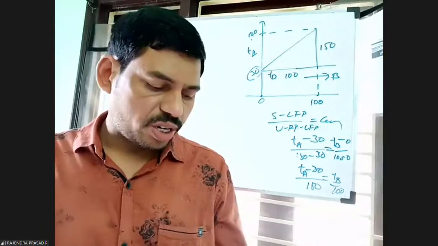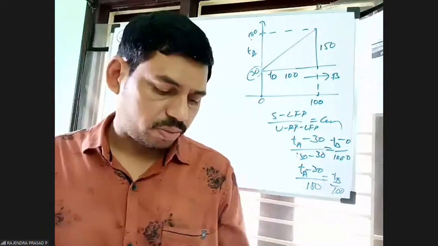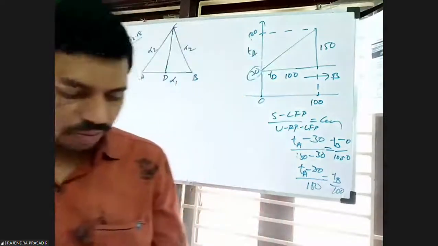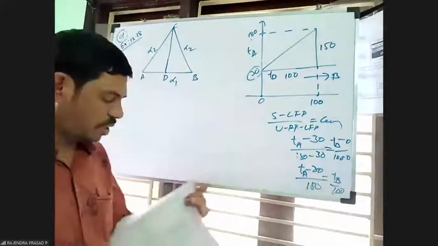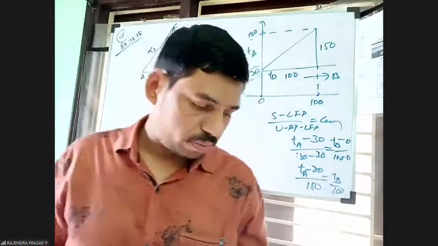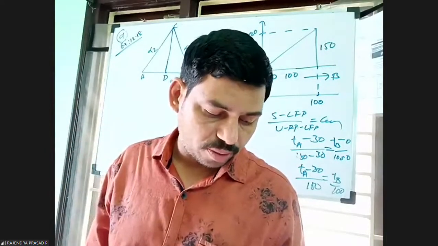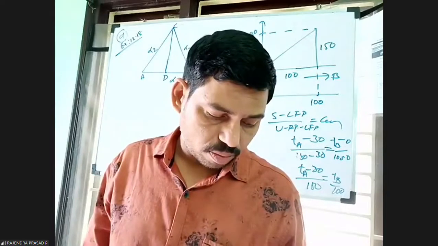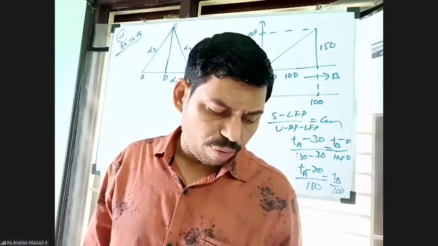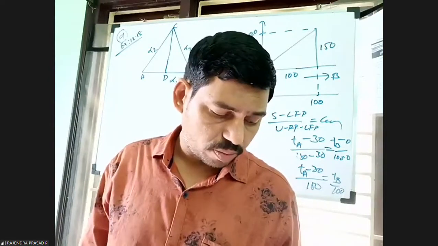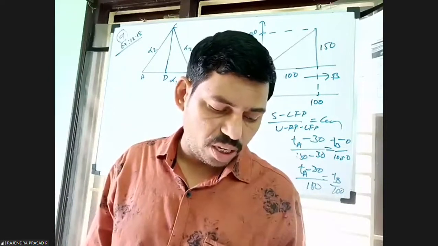The coefficient of linear expansion for AB is alpha 1, and for AC and BC is alpha 2.